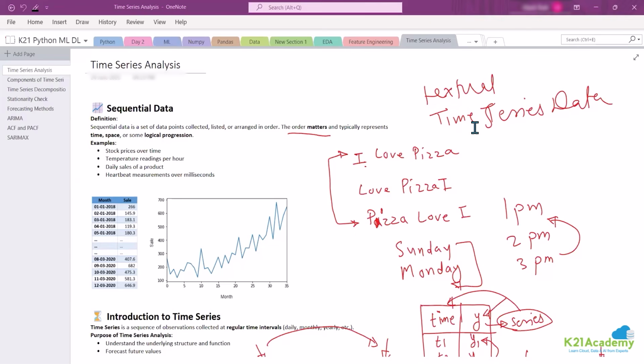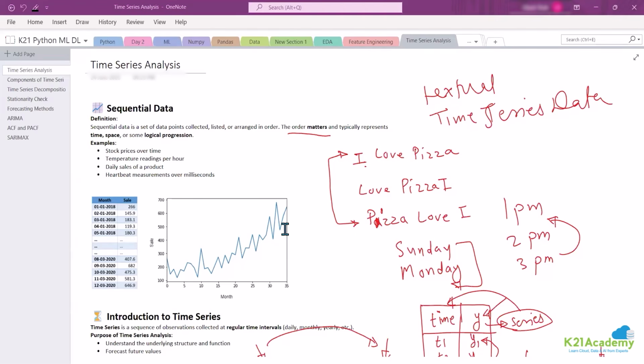For example: "I love pizza" versus "pizza love I". If you distort the sequence of the words, it is meaningless; only the correct sequence is meaningful.